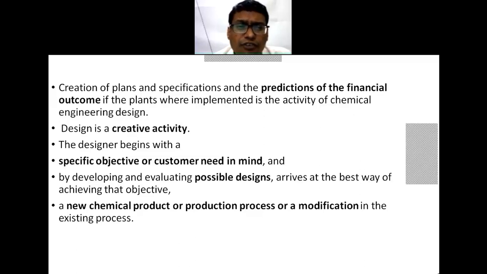But design is a creative activity which incorporates all your managerial, economical, and engineering aspects. Any design begins with a specific objective, a specific requirement, a specific need, that is, the need of a customer in mind.